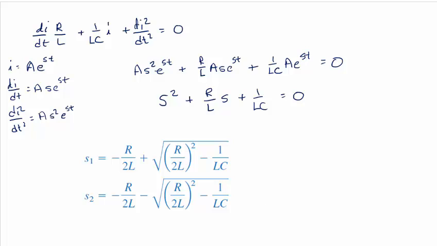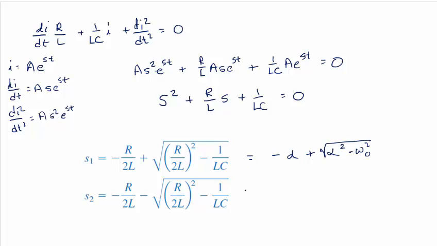And if we rewrite that a little bit, because it's going to be convenient for us going forward, we can actually say that this is minus alpha plus the square root of alpha squared minus omega naught squared.